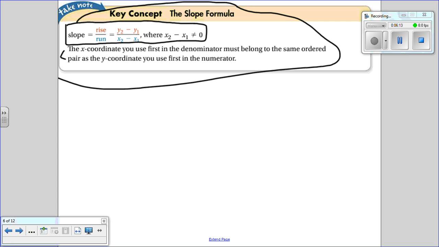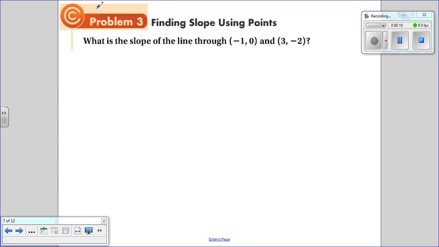So what is the slope of the line through these 2 points? Okay, so we're going to start off with the slope equals, if you remember the formula, it was y2 minus y1 over x2 minus x1. What are they talking about when they have y2 and y1?